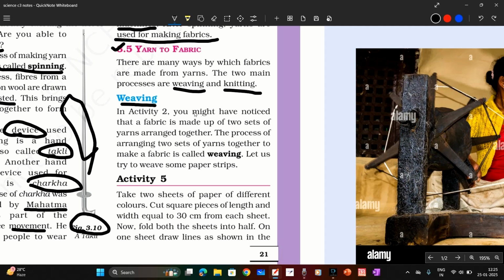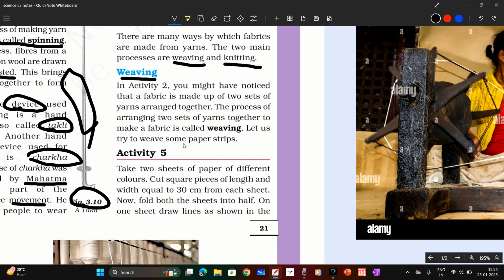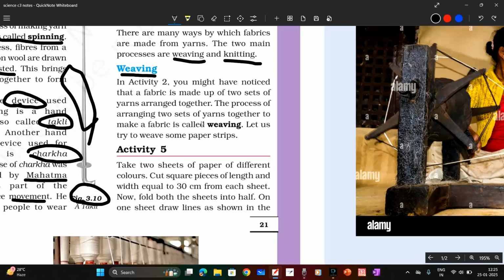The process of arranging two sets of yarn together to make a fabric is called weaving. The two sets of yarn, made by pulling or by the charaka, together make the fabric.